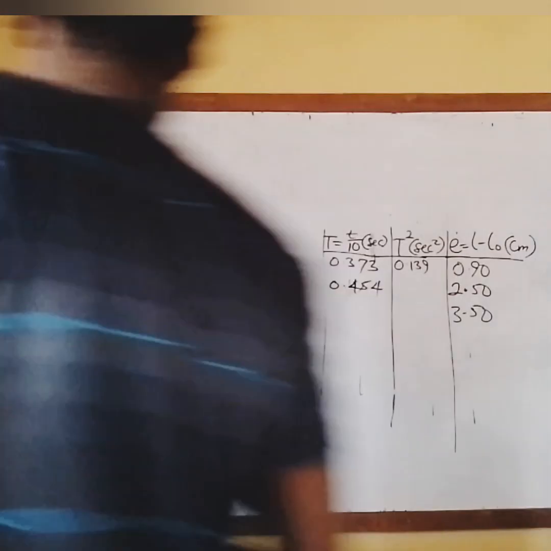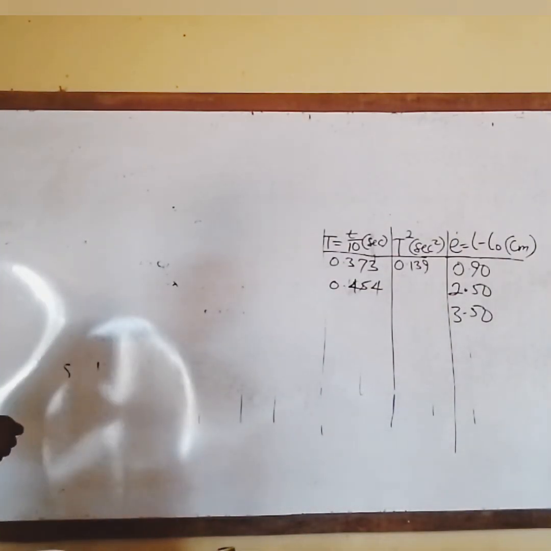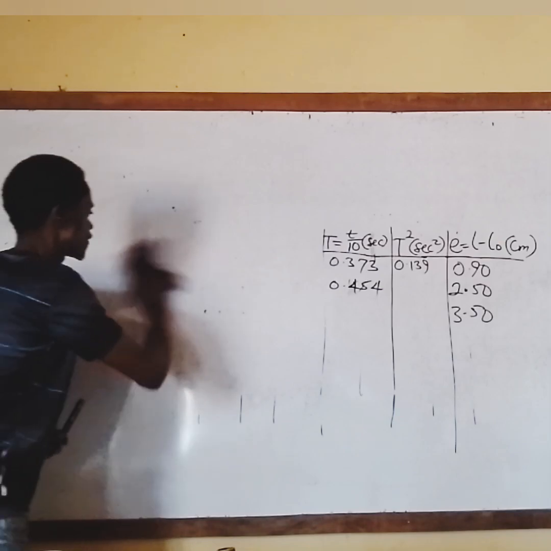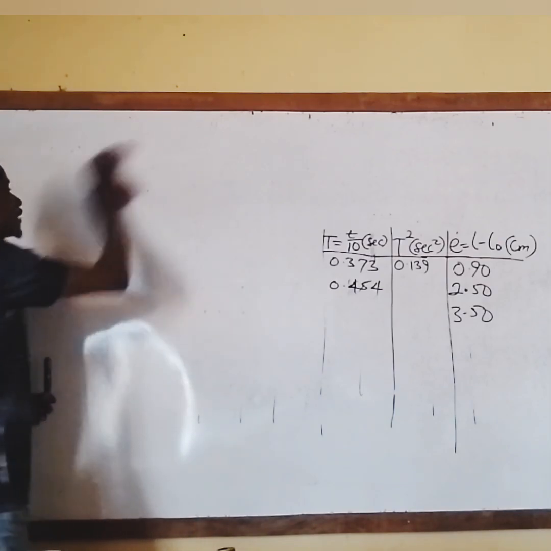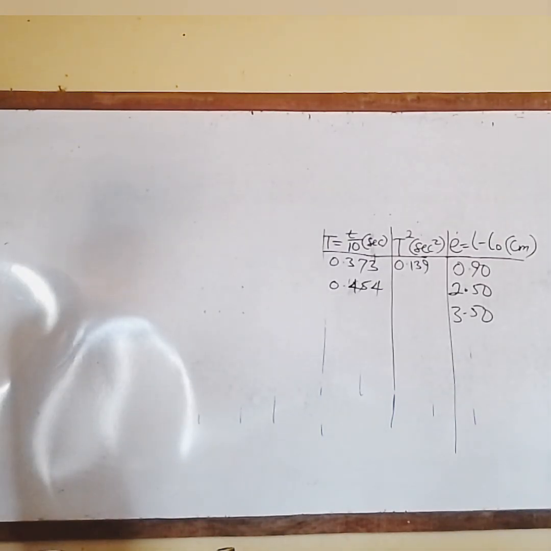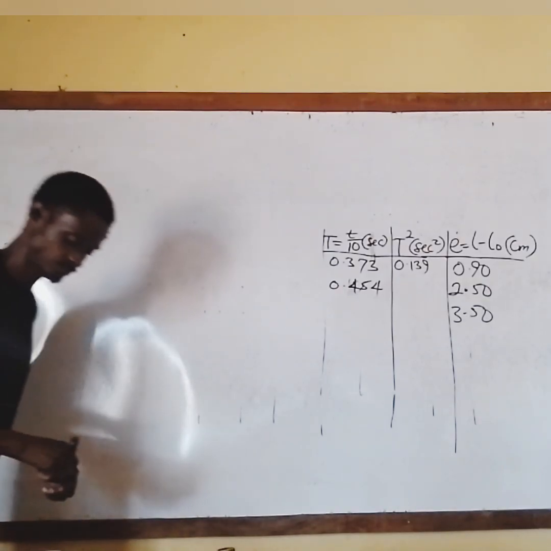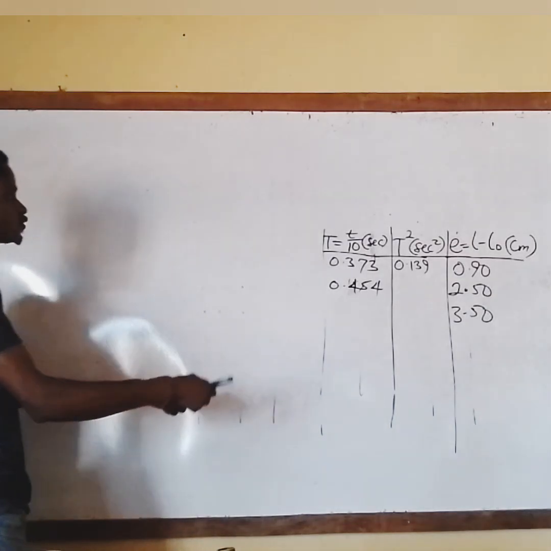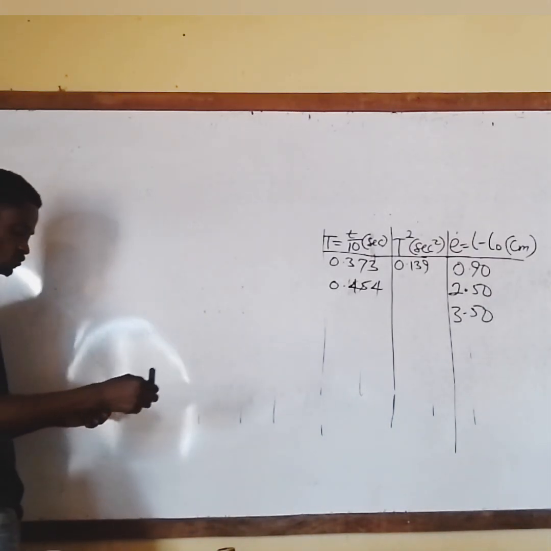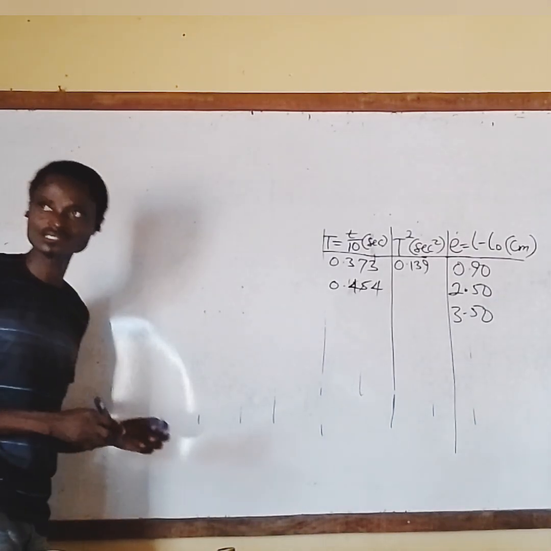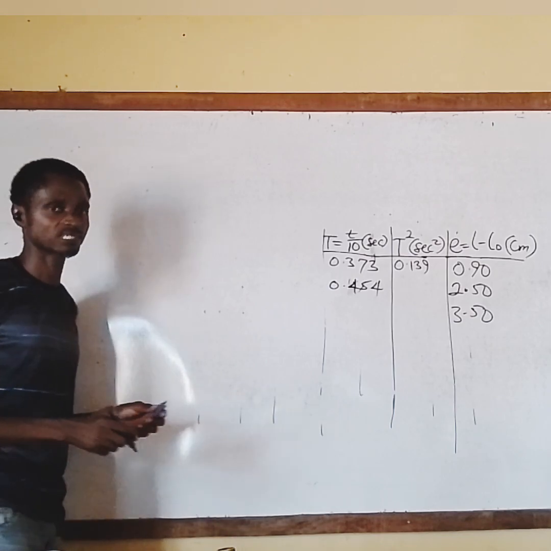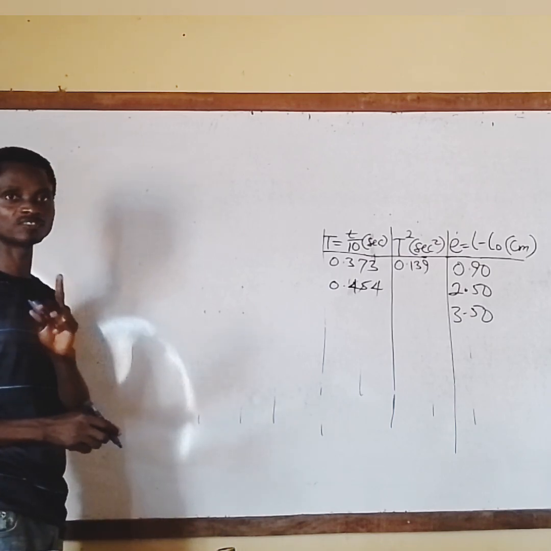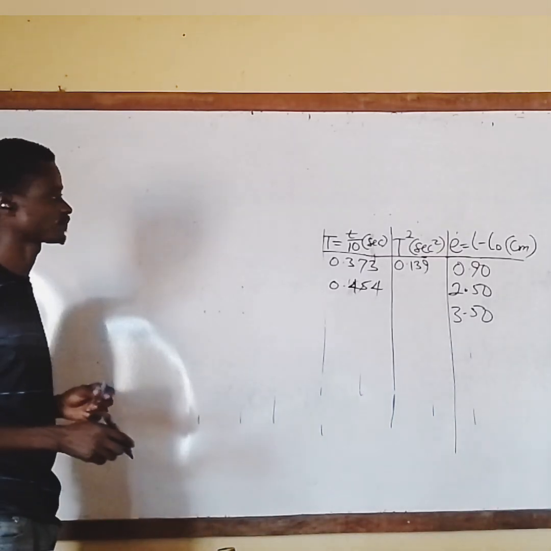Today we are going to consider how we can place units to our slope. If you look at the one we did in our last class, that's the practical class, practical number 1 under mechanics.